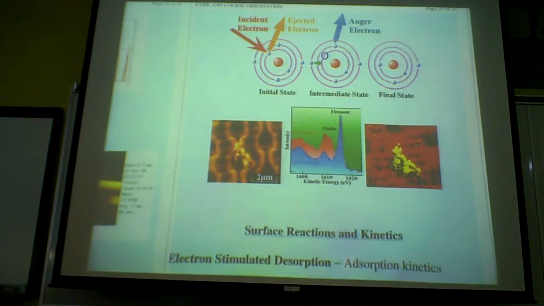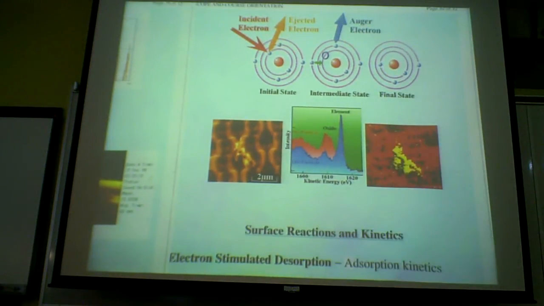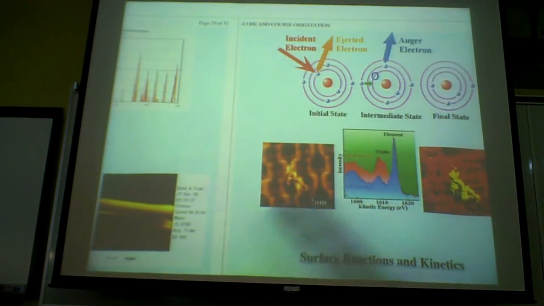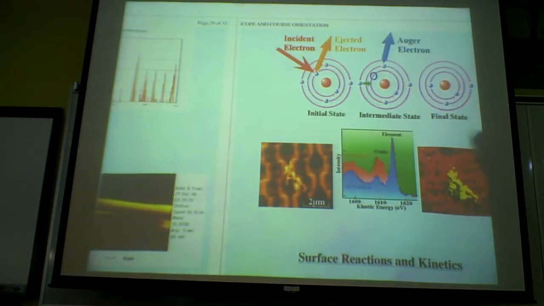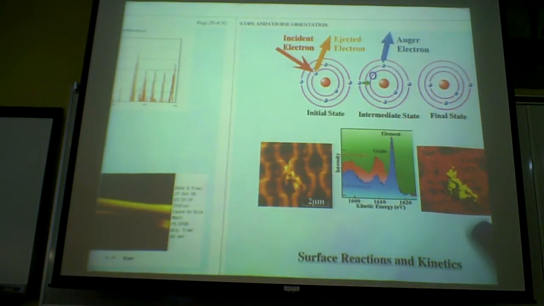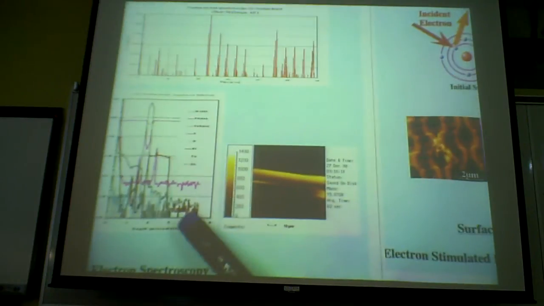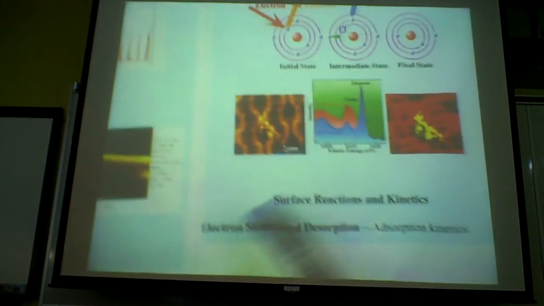And remember, the mean free path of these fast-energy electrons is very short, and they can come out only from the top 1 to 2 nanometers. So this is extremely surface sensitive. Auger electrons can be used for composition analysis of the primary elements. This can also be used to look at molecular fragments that you see.